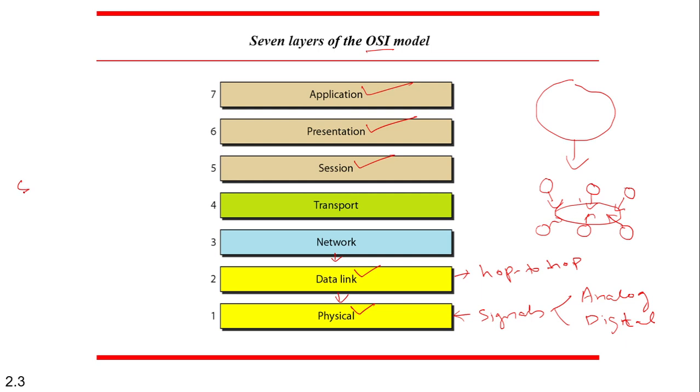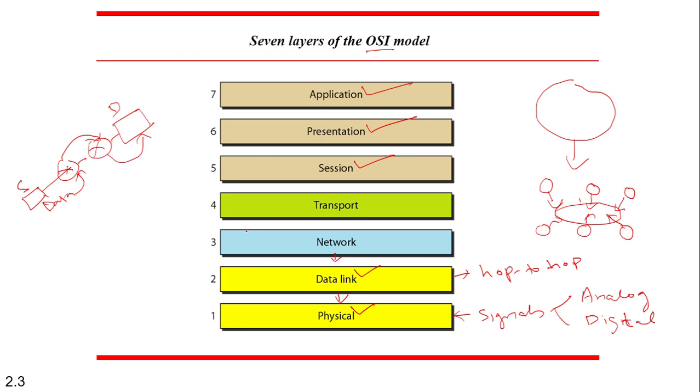Suppose this is a source, and there is a destination. There are two systems present, and suppose there are some intermediate devices between them. The data will start from this source, then go here, then from here go here, and from here go to the destination.